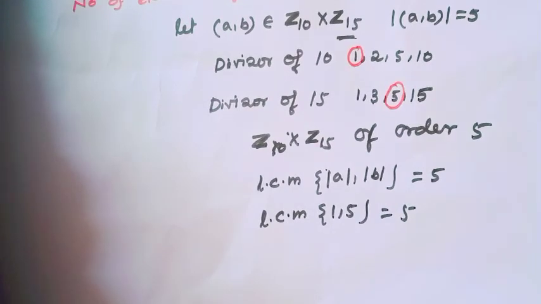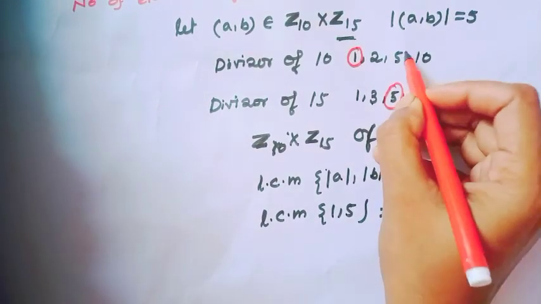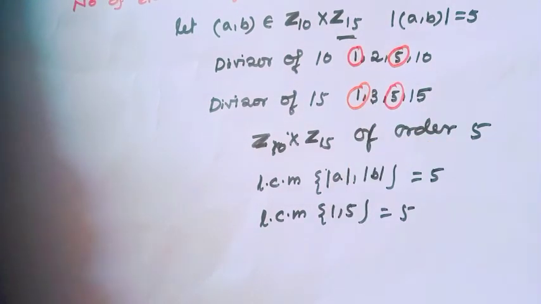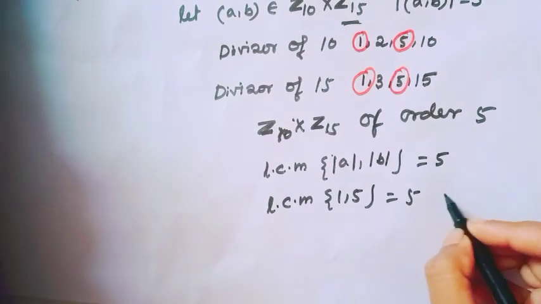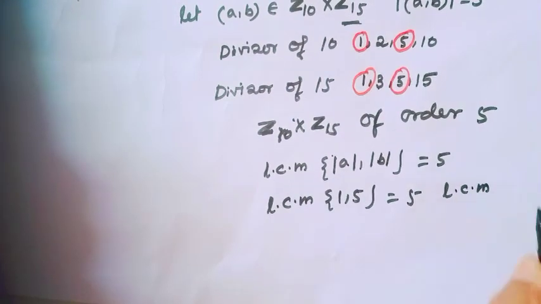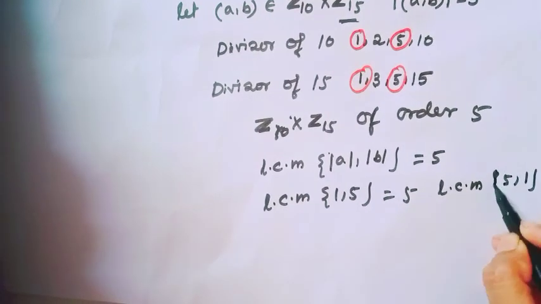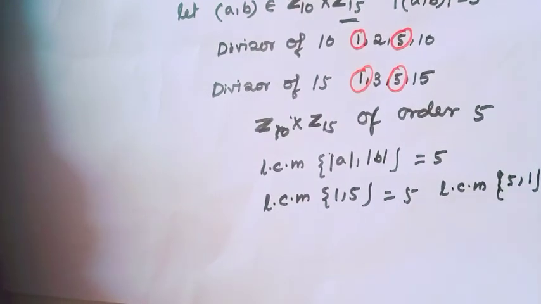Similarly, if you choose 5 for 10 and 1 for 15, then LCM of 5 and 1 also will be 5.